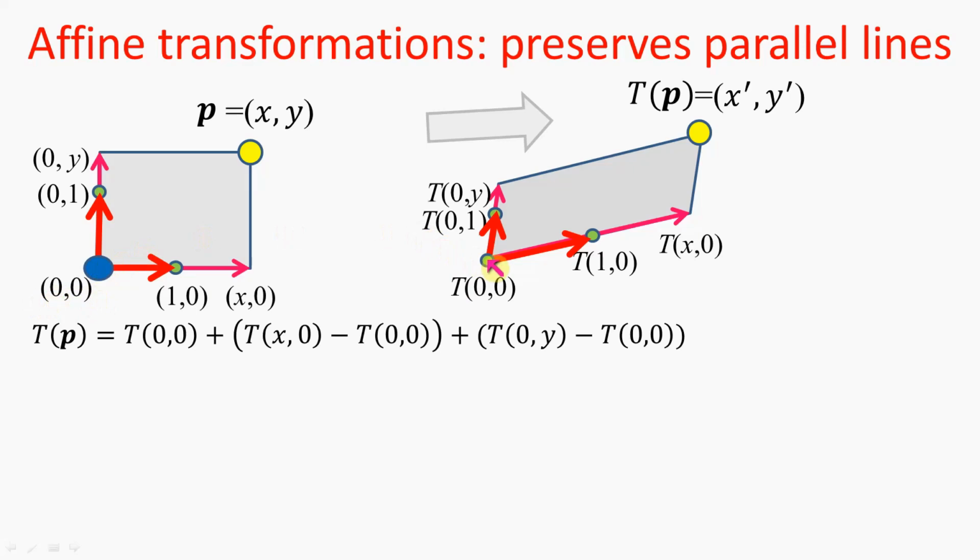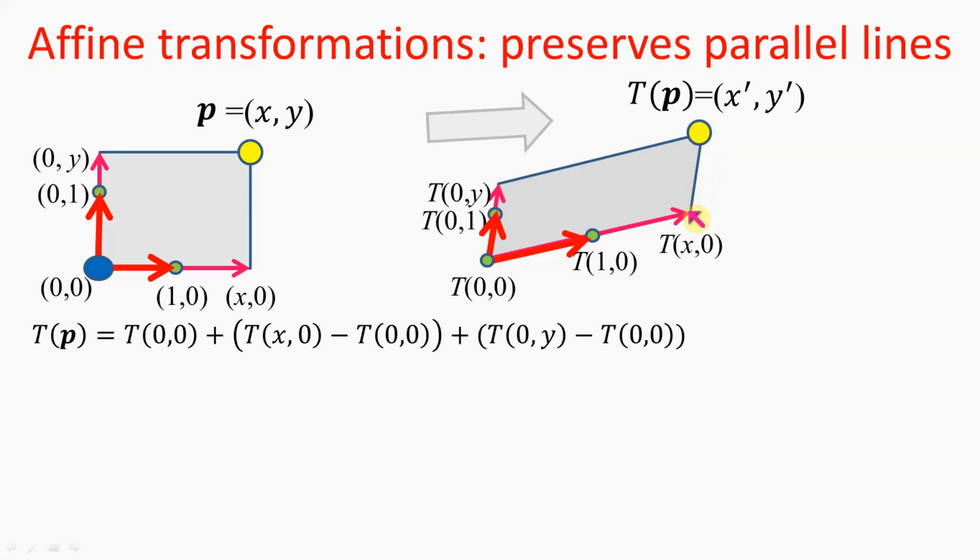From this corner of the parallelogram, we should walk along this side of the parallelogram. This vector is the difference between T(x, 0) and T(0, 0), where T(x, 0) is the image of this point when the transformation is applied. And then we have to walk along the other edge.